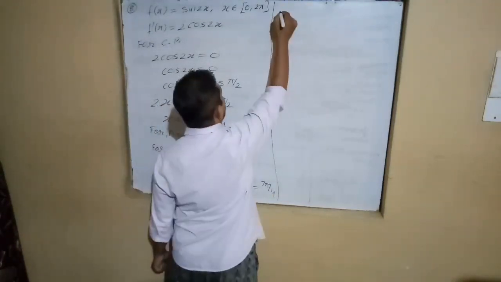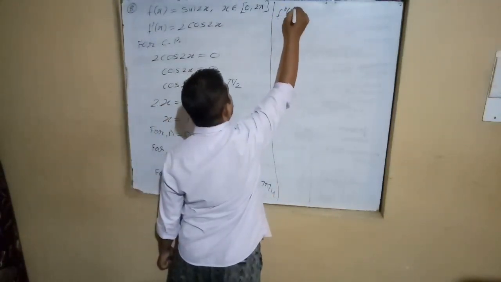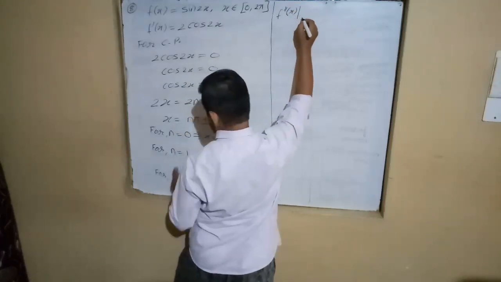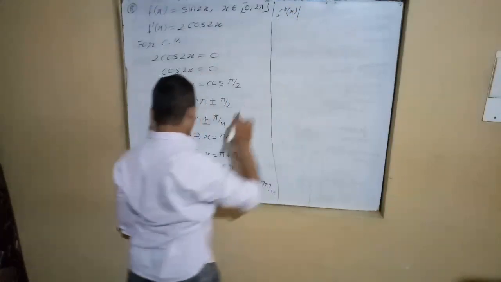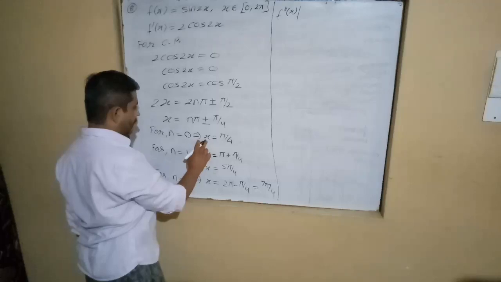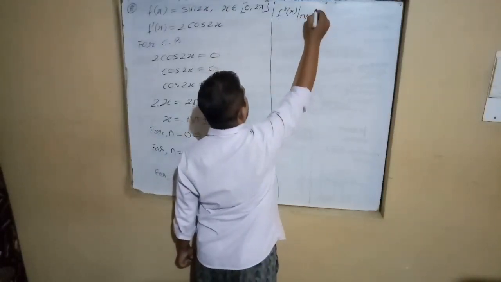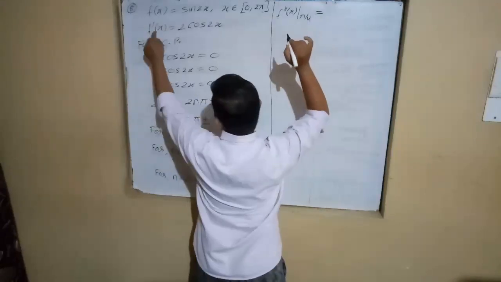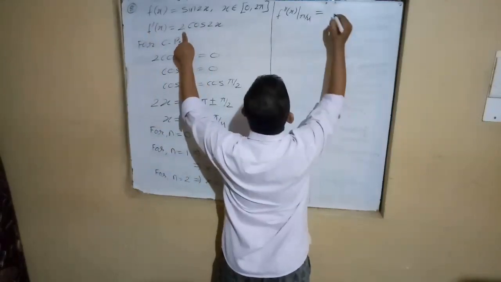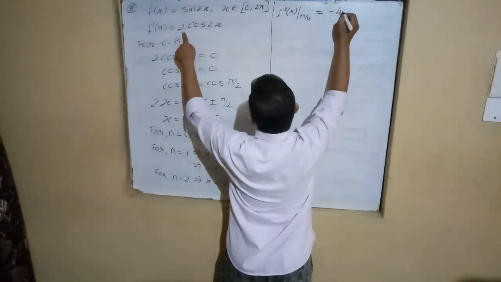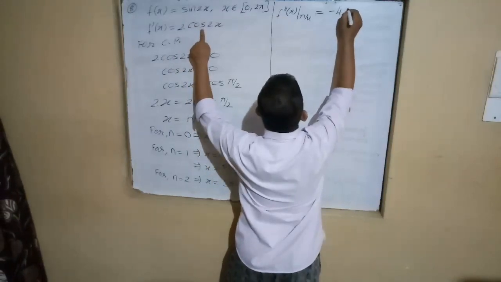Okay, now we find f double dash x at these points. What is the first point here? Pi by 4. At pi by 4, f double dash x is equal to minus 4 sin 2x, because the derivative of cos is minus sin.